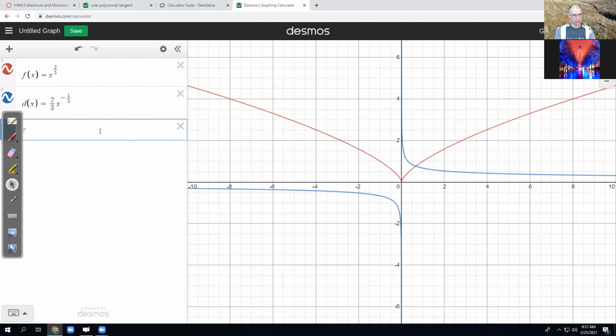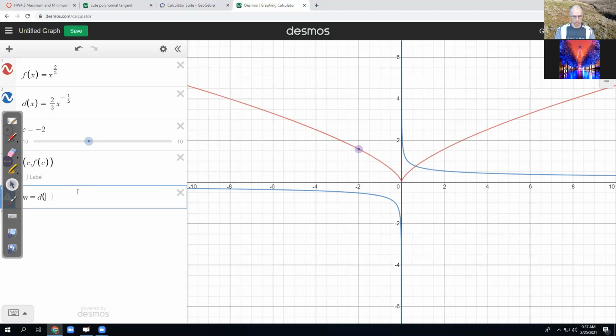let's make a point, an x value called c, and we'll let c equal -2 to start with. And then we're going to do a point, c comma f of c. So I'm just kind of doing the same setup I did earlier. And then through that point, I want to know what the slope is.